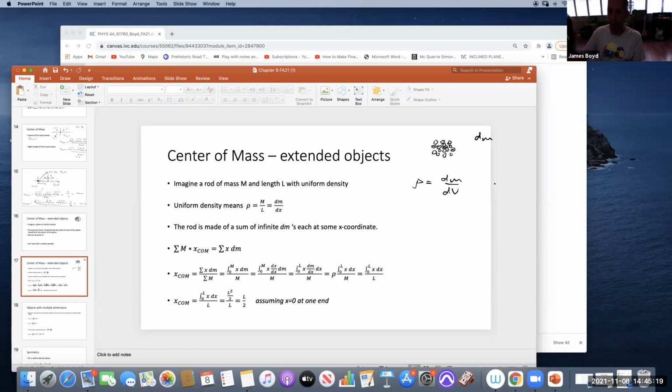If it's a linear object, like a stick, that we assume doesn't have any significant width or height, we could also say that the linear density is the mass over the length. There are some things we'll talk about at some point with that.